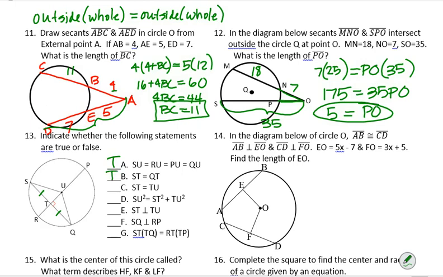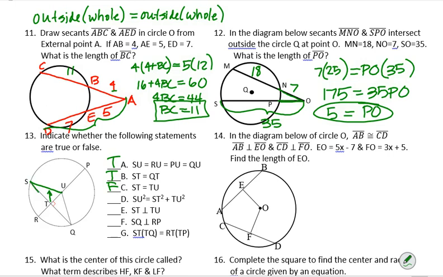Then it says ST, wait, QT, I didn't do that right. ST and TU, nope, I don't know that those are congruent. There's no way for me to know that. Then it says SU squared, that would be a hypotenuse of that right there, yes.